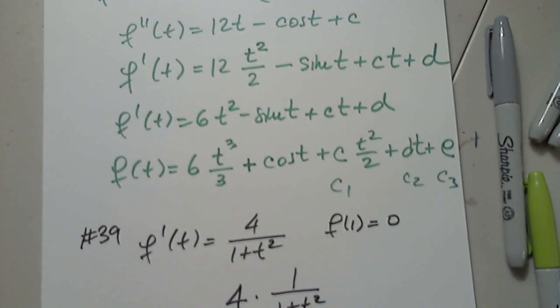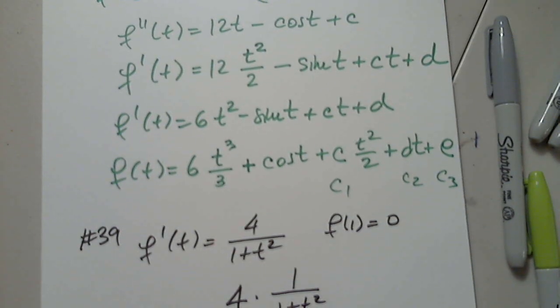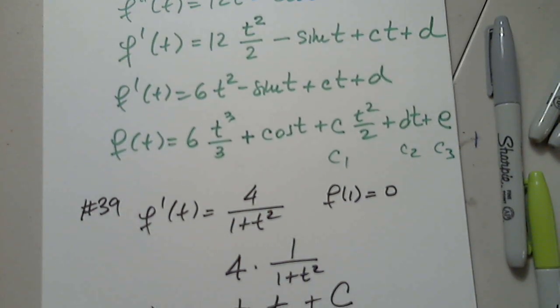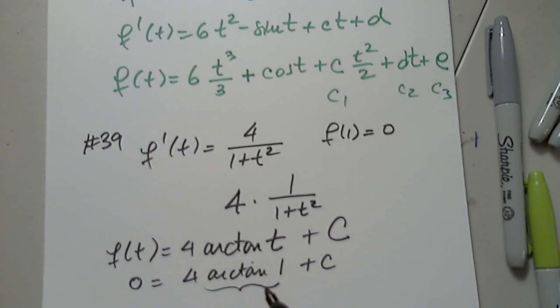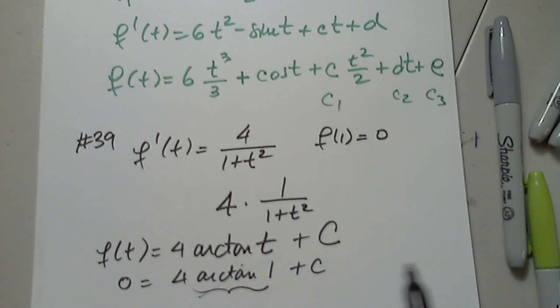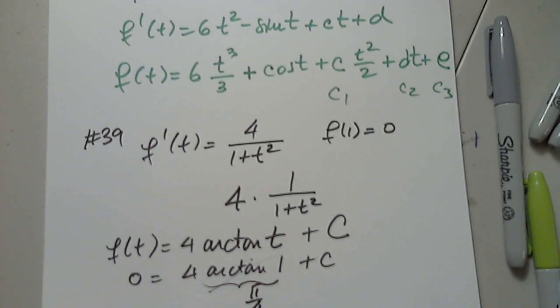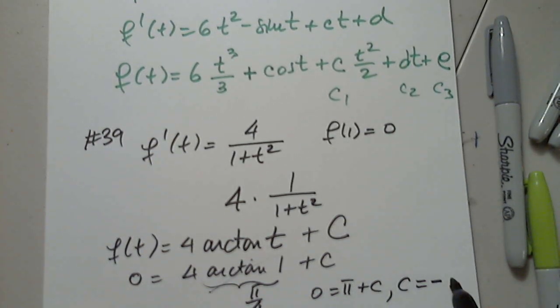The function is 0 with 4 arctangent 1 plus c. So now I have to remember which angle has tangent 1, and I will replace it here. Pi over 4. So 0 equals 4 times pi over 4, which is pi, plus c. So 0 equals pi plus c. c equals negative pi.